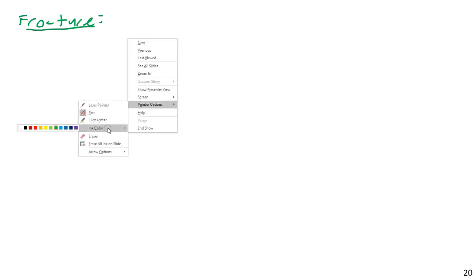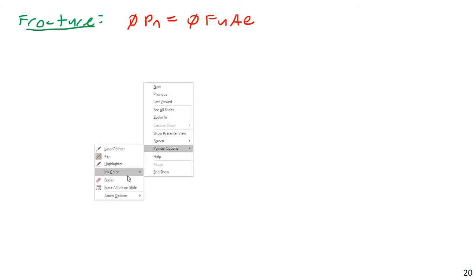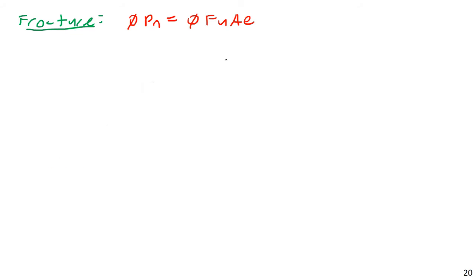Fracture for tension members is governed by the equation phi Pn, in other words, our design strength is going to be phi Fu Ae, area effective, where, for the exact equation citation, please see the first portion of the lecture, area effective is equal to U, the shear lag factor, times An, the net cross-sectional area.